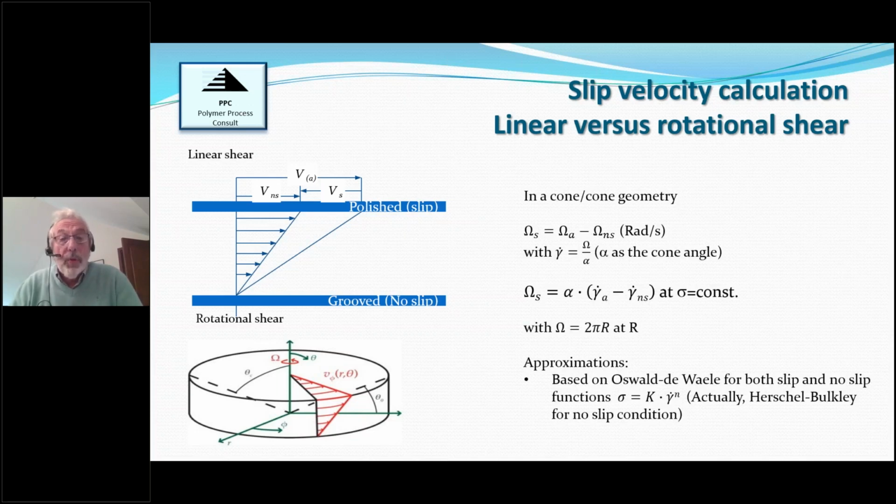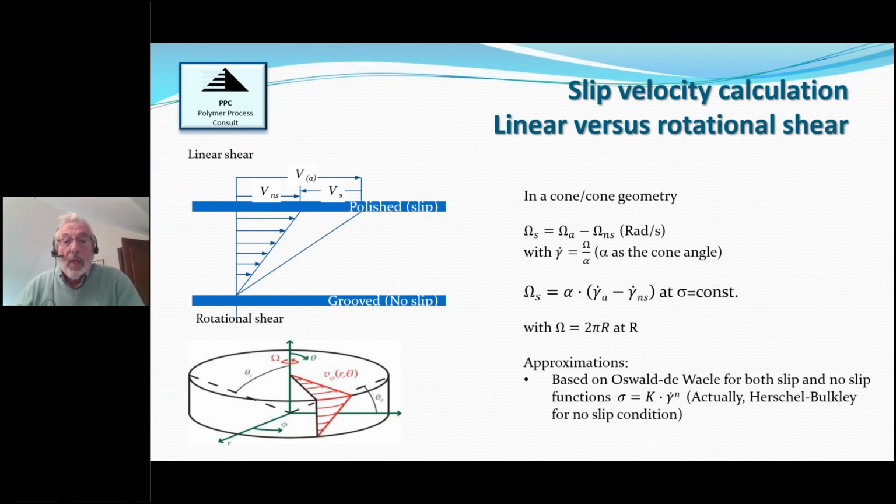And we have both of those in the RPA, using polished dies and grooved dies. Since the shear rate in a cone-cone machine is equal to the angular velocity divided by the cone angle, the angular velocity equals the cone angle multiplied by the difference in shear rate.